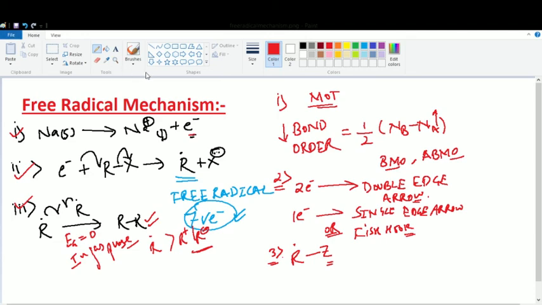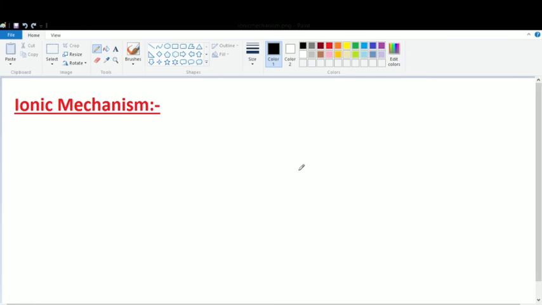Next we are going to discuss the ionic mechanism. In the first step, we take two sodium atoms in solid state, which get converted into 2Na+ in gaseous state and provide two electrons.